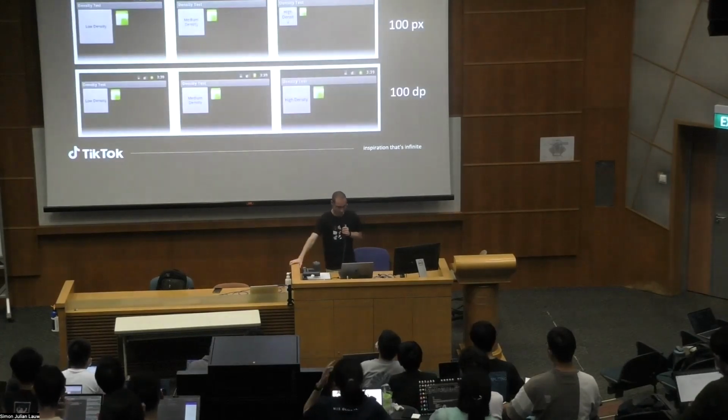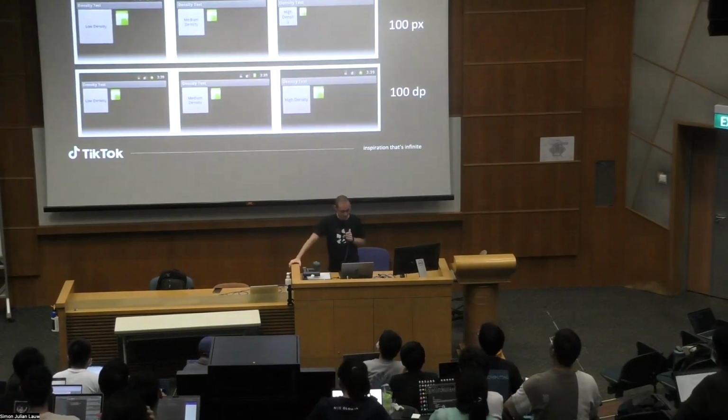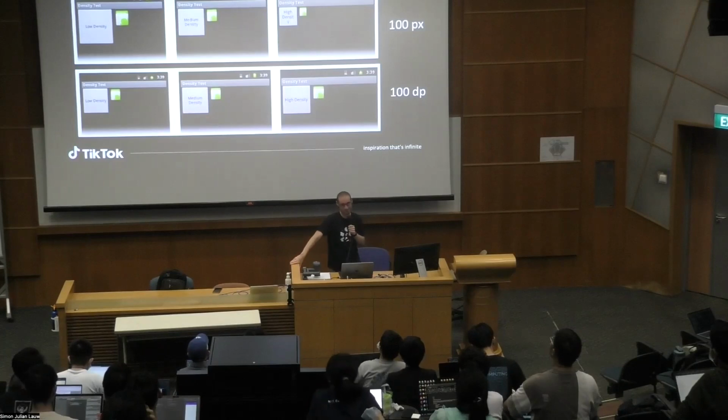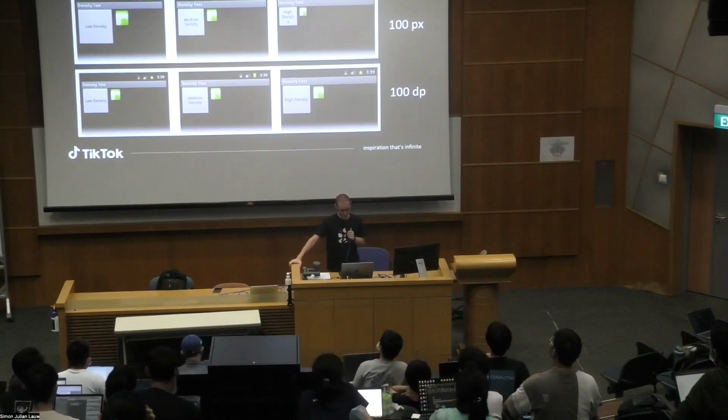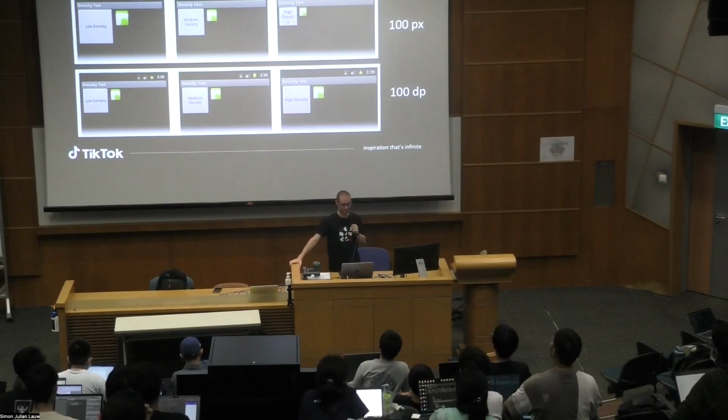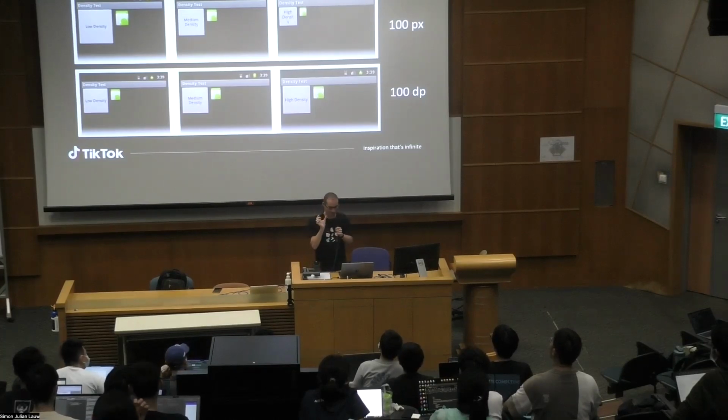This is a 100 pixel image at the top on 3 different screen densities, from low-end to high-end devices. On the right one, it's much smaller, but it's still 100 pixels, because this is a very high screen density.